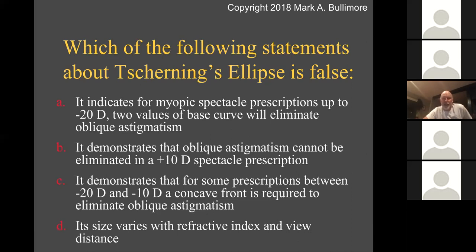It demonstrates that oblique astigmatism cannot be eliminated in a +10 spectacle prescription. We'll come back to that one. It demonstrates that for some prescriptions between -10 and -20, a concave front surface is required to eliminate oblique astigmatism.